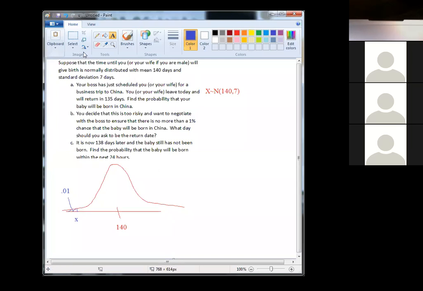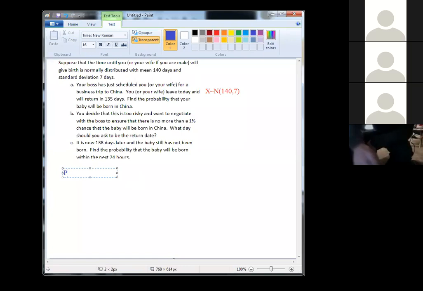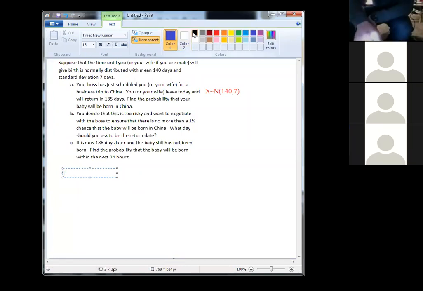Okay, so it's now 138 days later, and the baby still has not been born. You're back in America, which is a good thing. Find the probability the baby will be born in the next 24 hours. So for this one, before I even go to the picture, I just want to write down what this is. We now have information.